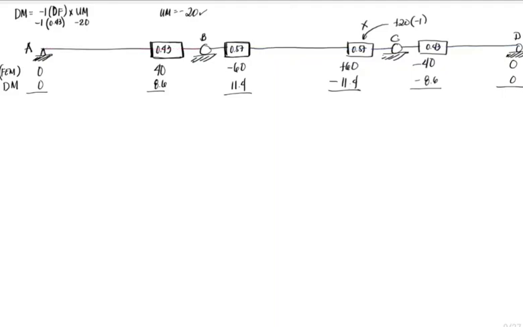Yun nga lang po, dito kasi sa ating A is hinge yan. So, hindi tayo pwede mag-share. Hindi pwede mag-share itong B, BA natin. Okay, hindi pwedeng mag-share dito kay AB. Bawal. Kasi, hinge. Alam naman natin ang moment kapag unyielding, 0. Diba?